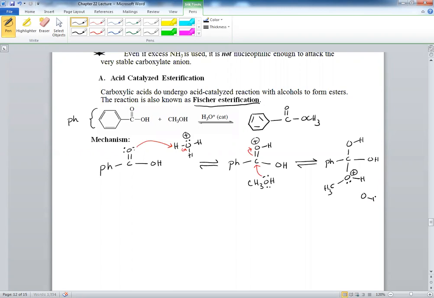And we have water to play a role here. So water is right here, which will deprotonate. Let me actually put the lone pairs on the other side so we have enough space.